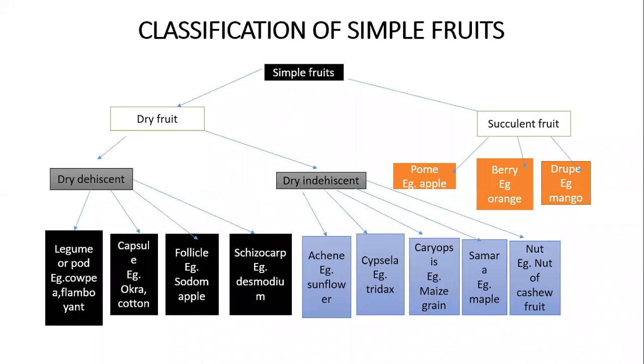Number 2, cypsela. Now this cypsela, as we mentioned, after fertilization, there are some structures that still persist. They don't wither off, like the calyx. Now this calyx of a tridax plant persists and forms a parachute-like structure called the pappus.